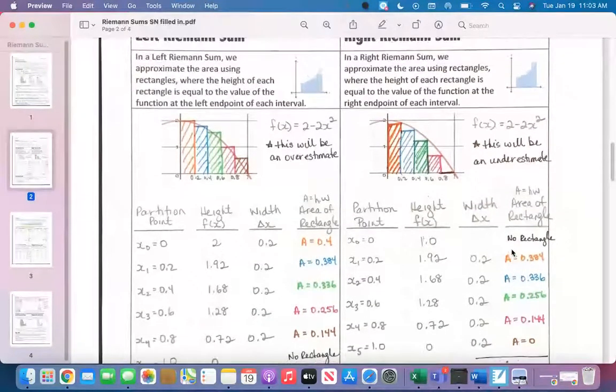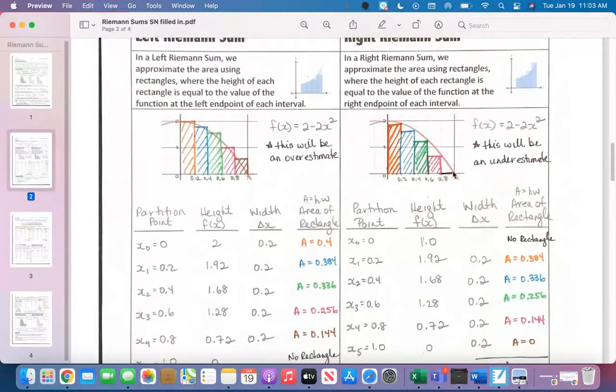And you can see how with this decreasing function, the right Riemann sum is actually an underestimate of what the actual area is going to be because of the nature of how we draw those rectangles when it's a decreasing function coming from the right. So our left Riemann sum will be an overestimate because they're going to overflow, I guess you could say, the function, and these ones will underflow the function because they're all a little bit less than the function.